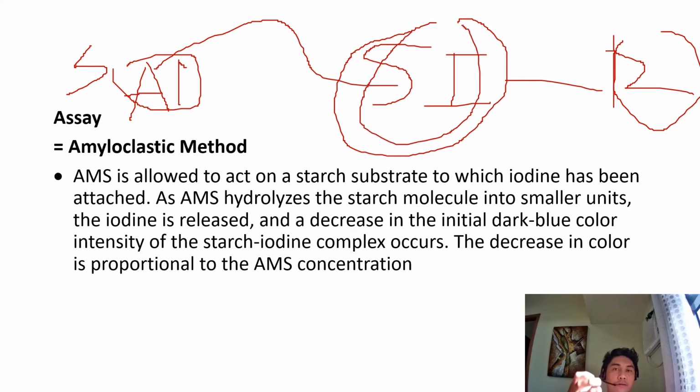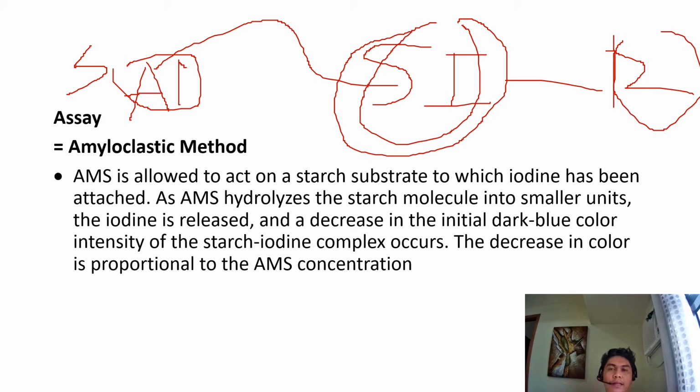So split up niya ang complex between starch and iodine. So the result, there's a decrease in the intensity of the color because na-split naman ang starch-iodine complex, which has a dark blue color. So after that hydrolysis, the intensity sa color will decrease.